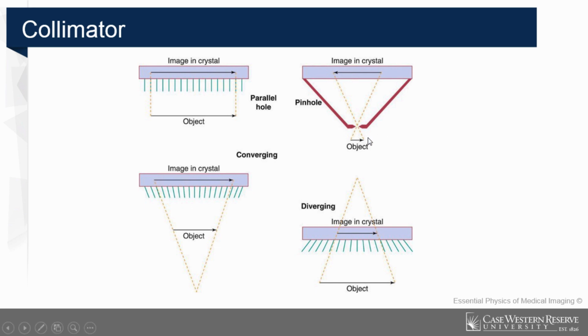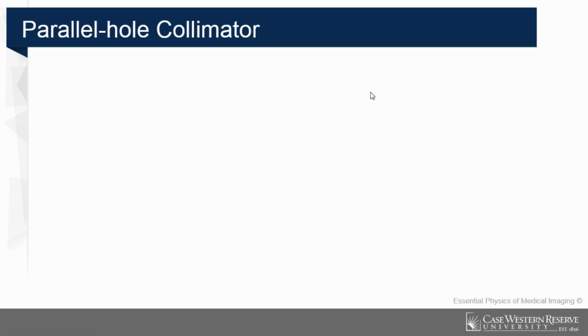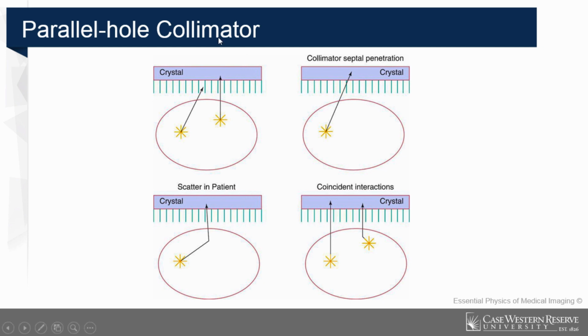It's a small hole. The geometry is inverted. This inversion, because of distance, gives you amplification. So if you have a small object closer to the aperture of the opening, you will get amplification due to geometry. So with parallel hole, it's designed so that you only allow those gamma rays parallel to the openings to go through.